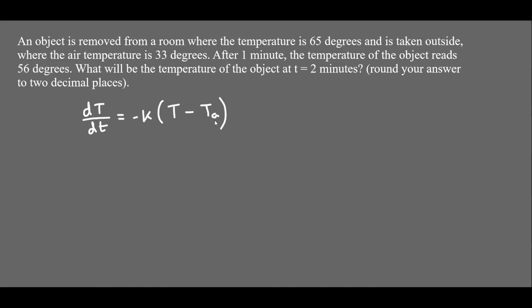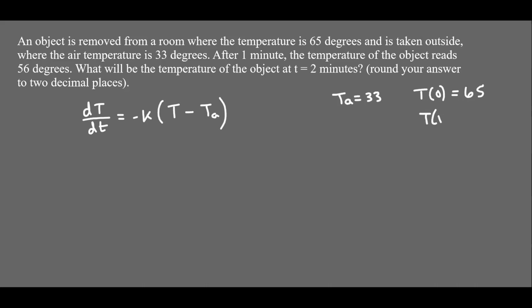Okay. All right. So we have some information here. An object is removed from a room where the temperature is 65 degrees, so we're going to assume that is our initial temperature of our object. Then it was taken outside where the temperature is 33, so T sub A is 33 degrees.